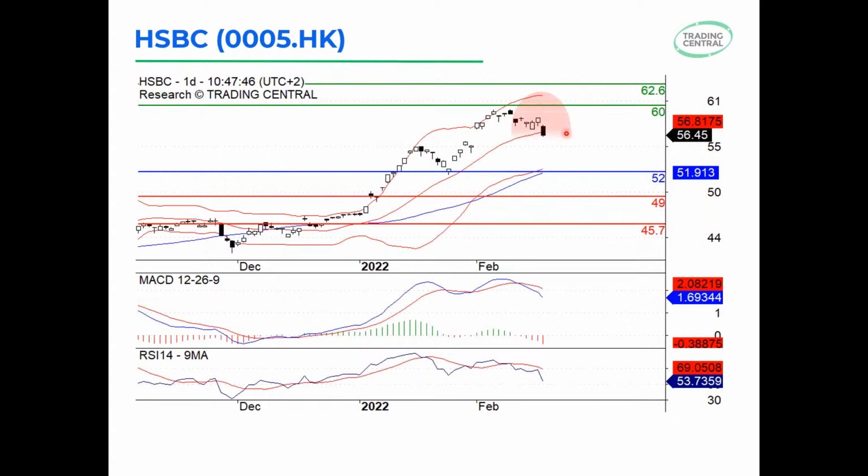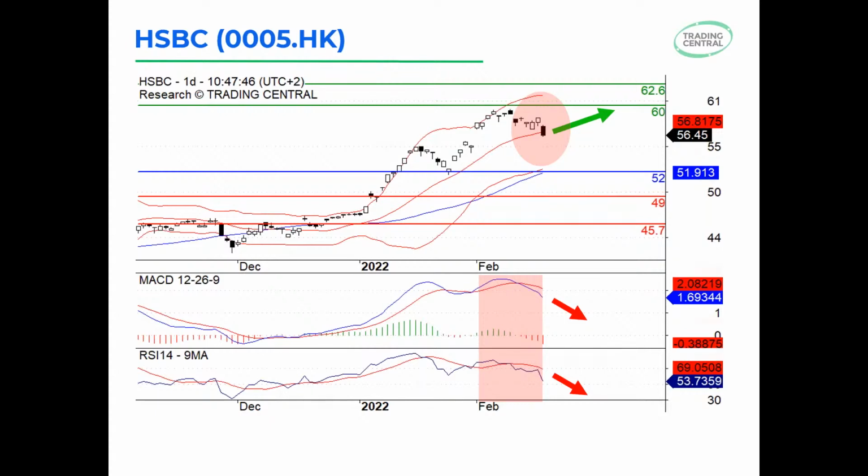However, the stock has just made a top and crossed below the 20-day moving average. We have to monitor this closely going forward. At the moment, I can see that the momentum is weakening for HSBC. So take care of this one.